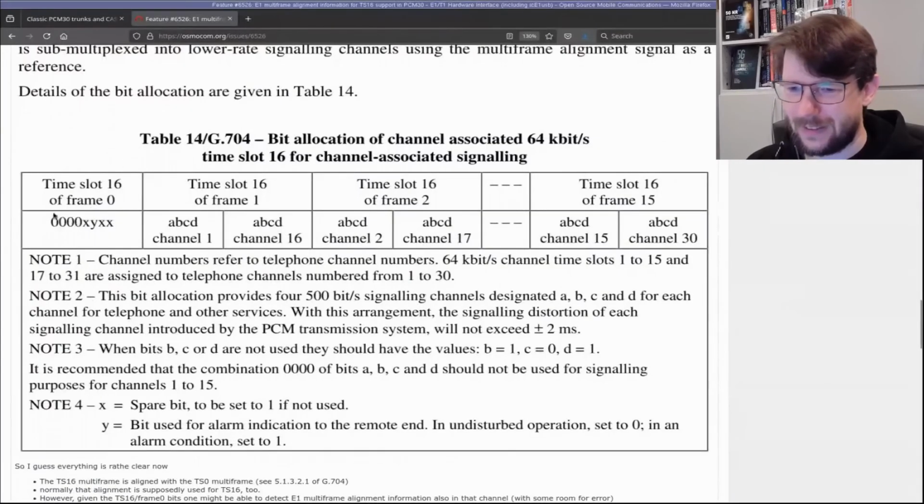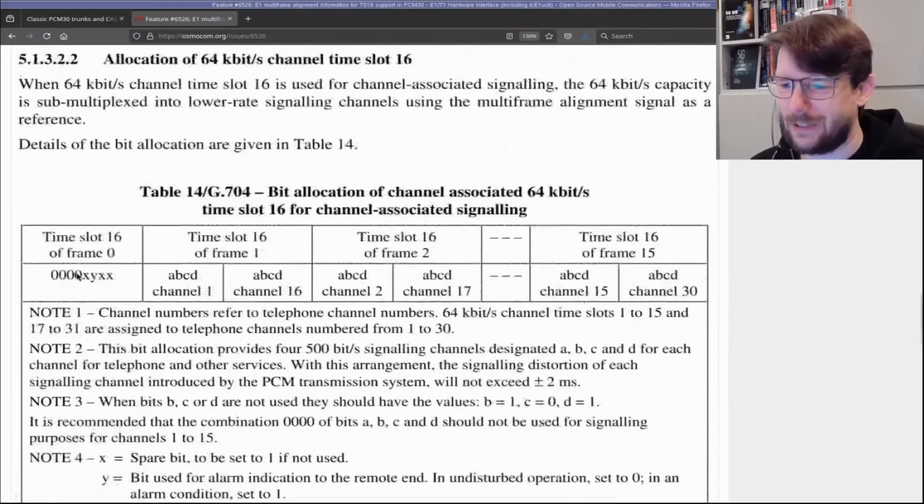And we see that Timeslot 16 starts with 4 bits, and it says it is recommended that the combination of 0 bits A, B, C, and D should not be used for signaling purposes for channels 1 to 15. Well, 1 to 15 at least, not for 16 and higher, but based on this, we can recover in the receive direction. We can actually recover the alignment by solely looking at Timeslot 16 without looking at the Timeslot 0 multiframe alignment.